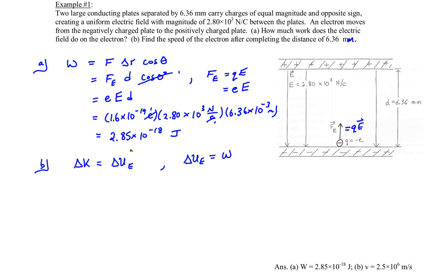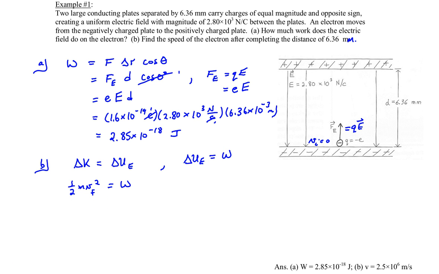So now we have the kinetic energy formula, which is 1/2 mv squared. We're going to assume that the initial velocity of the electron is 0. So the final velocity squared times the mass times 1/2 will be equal to the work done, which is 2.85 times 10 to the power of negative 18 joules.